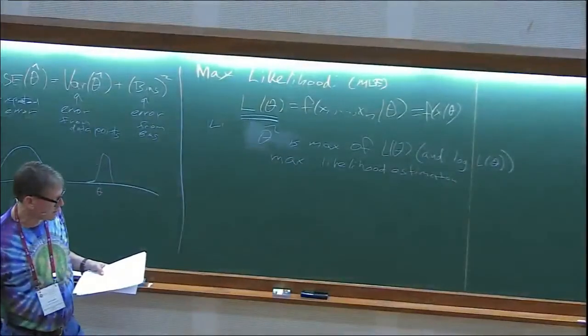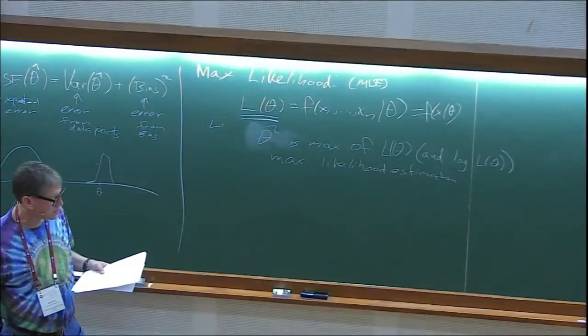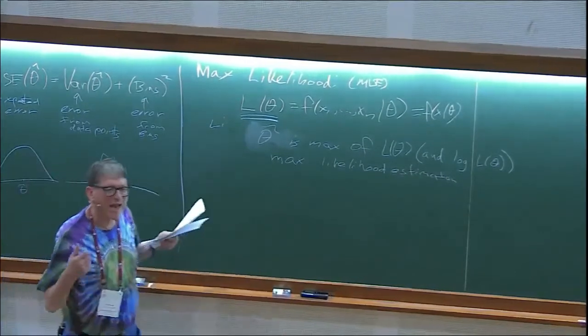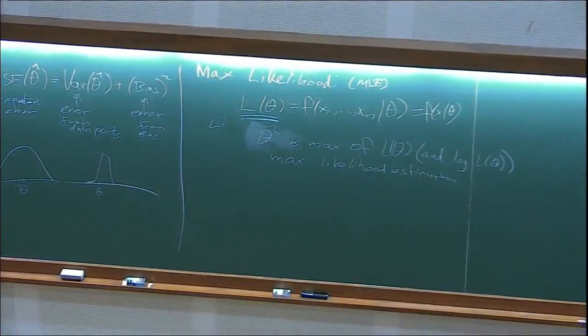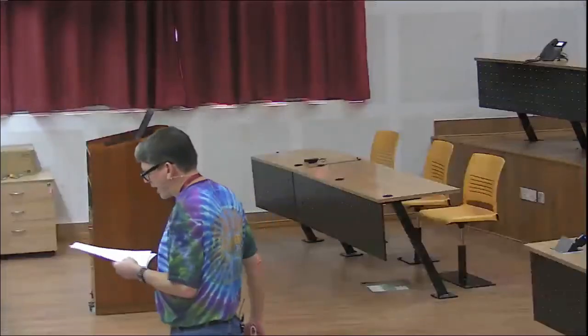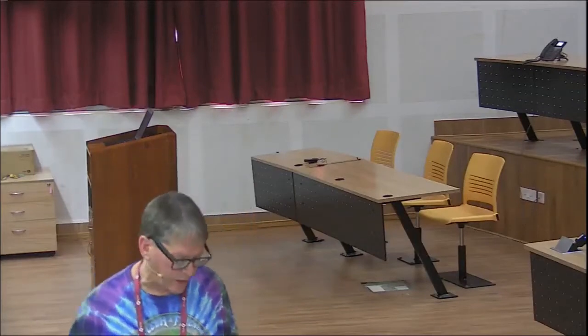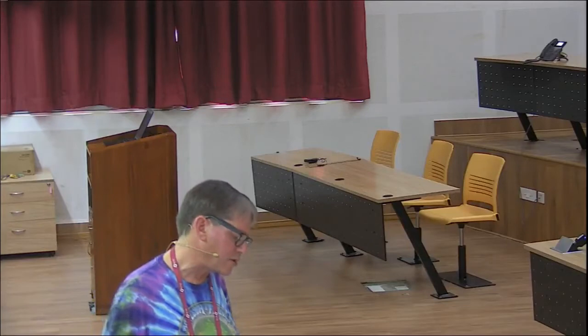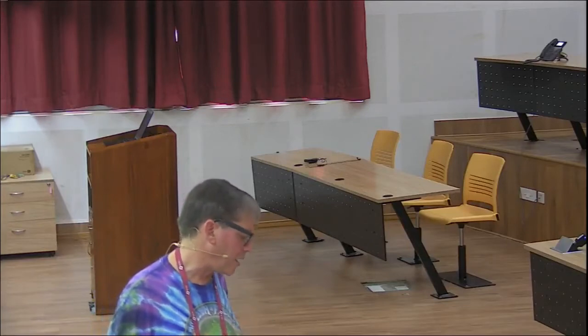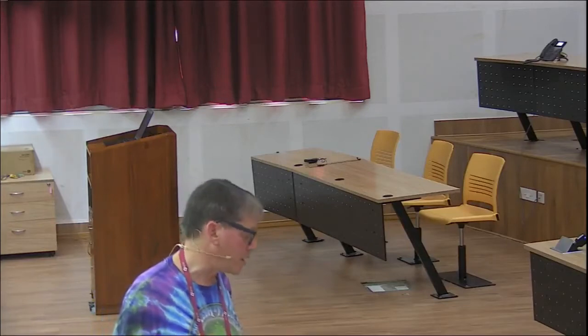And if you're not a Bayesian, then you would say that L of theta is the probability density that we observe the data that we actually observe, given that the true state of nature is theta. And so the idea then is the maximum likelihood estimator theta hat is the state of nature that best explains the data and for which it is the most likely.